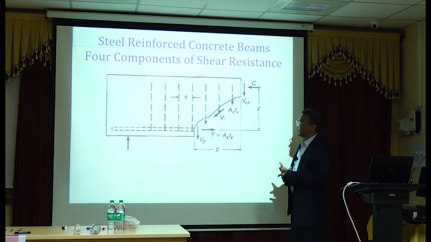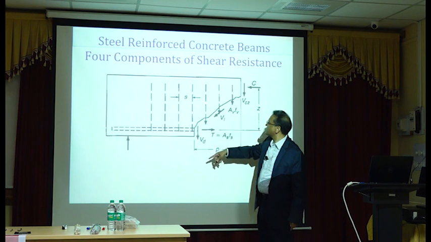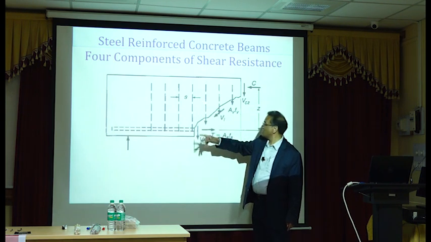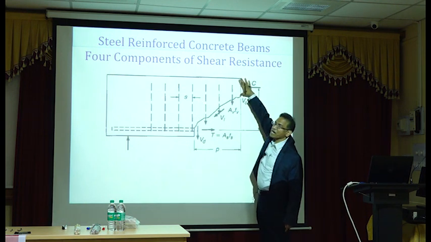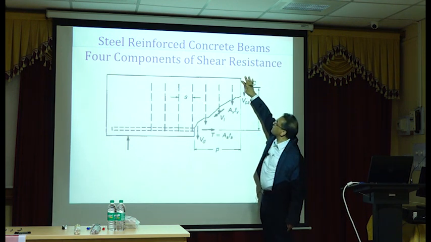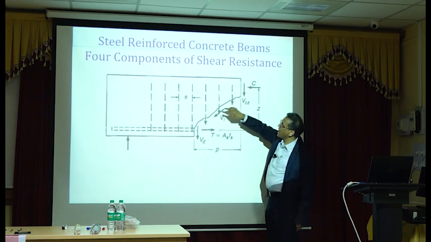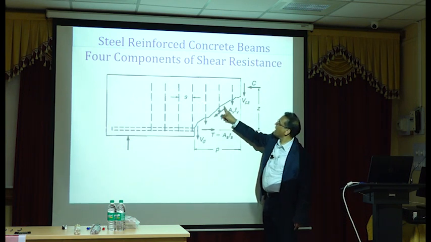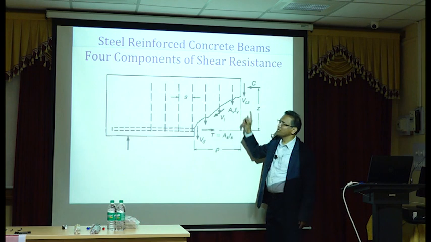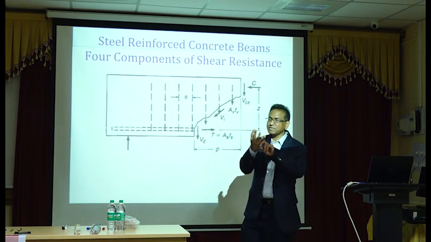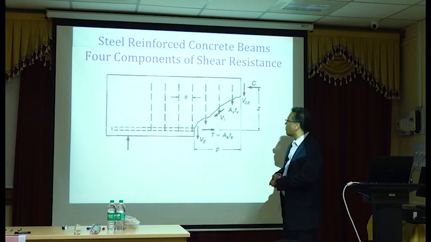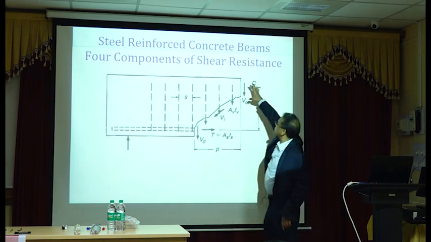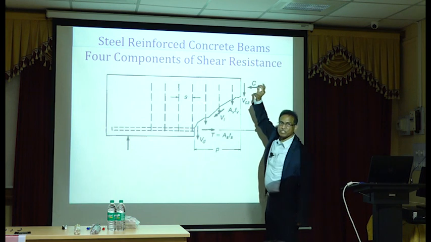That's what our codes assume. And then we have some stirrups crossing the interface. We have dowel action, and then we have solid concrete here, uncracked concrete in the compression area. So that will transfer some shear, and the stirrups will transfer some shear, and the aggregate interlock will transfer shear. So 4 mechanisms for shear transfer in shear design of beams. Number one is due to this uncracked section.